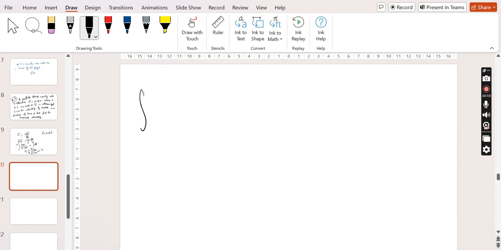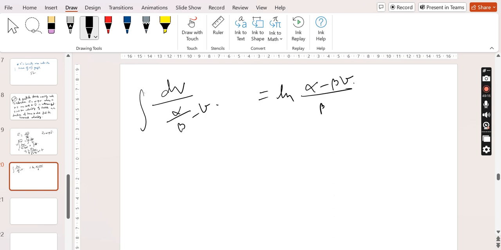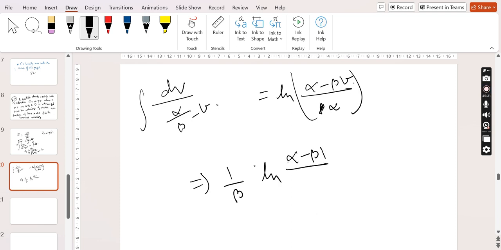So the integration gives ln of alpha minus beta v by alpha, divided by minus beta, is equal to t.